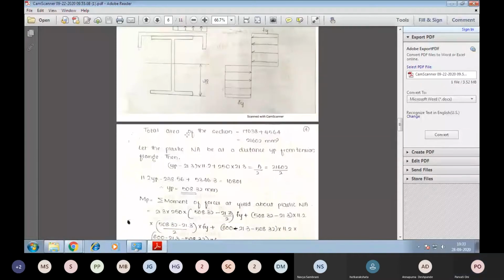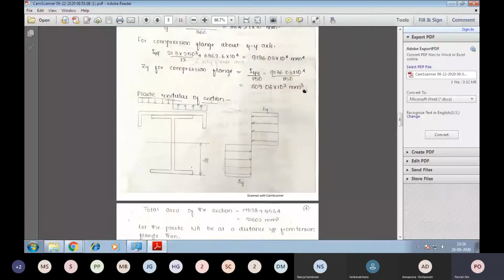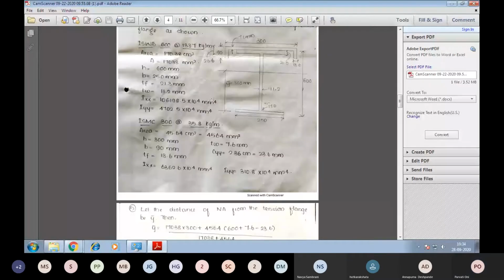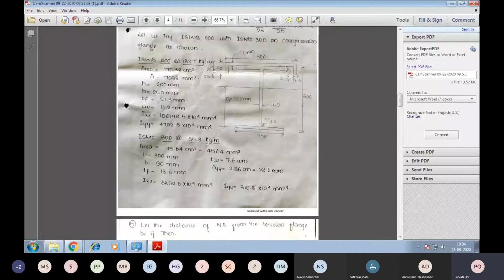So the area of this web will be this area. How to calculate this area? What is this height? Height will be YP minus this distance, the thickness. The thickness of the flange here is 21.3.